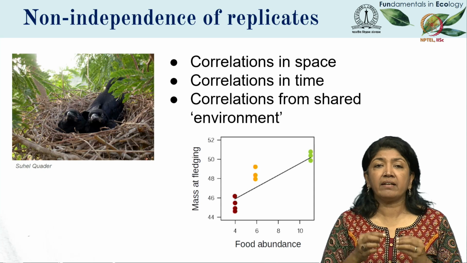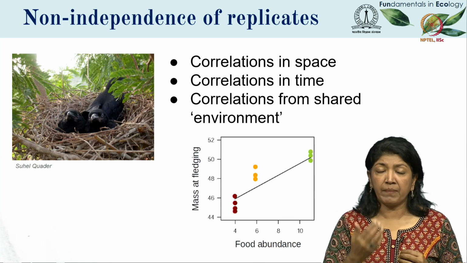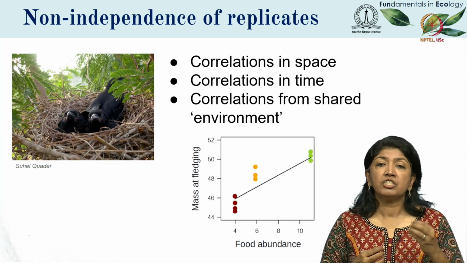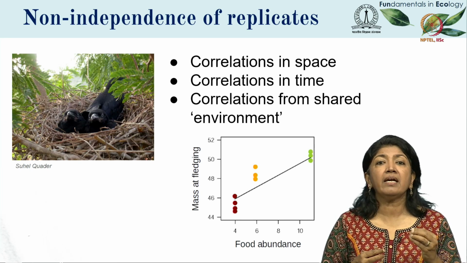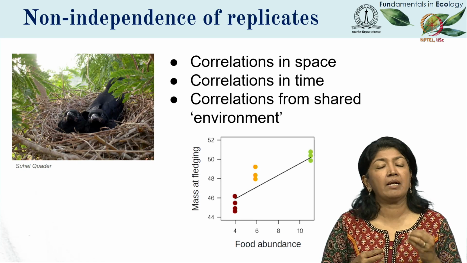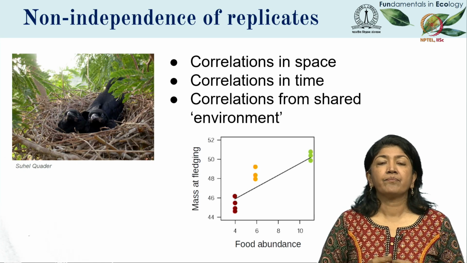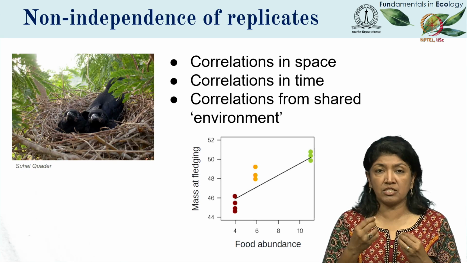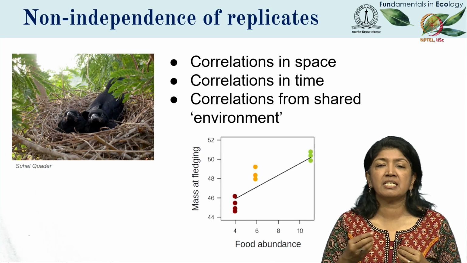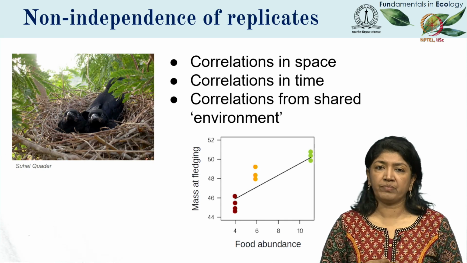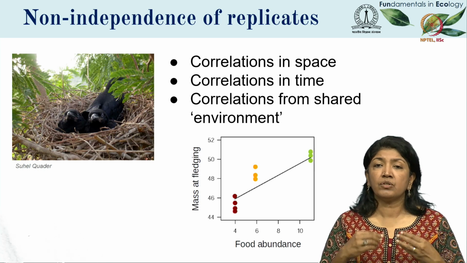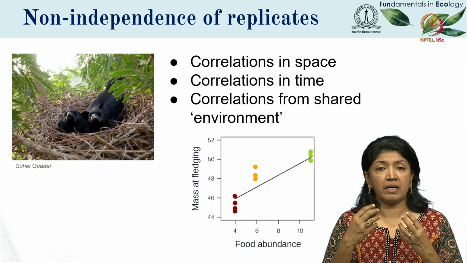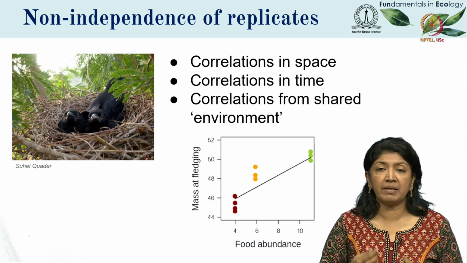Because chicks share the same nest environment, the same parental behavior, and a similar genetic environment also, chicks from a nest may not represent independent data points. The good thing is, if we are aware ahead of time of these potential sources of non-independence, these correlations in our data points, we can account for them in our study design and statistically. The reason we need to account for them in our study design is because we need a good sample size to capture variability, right.